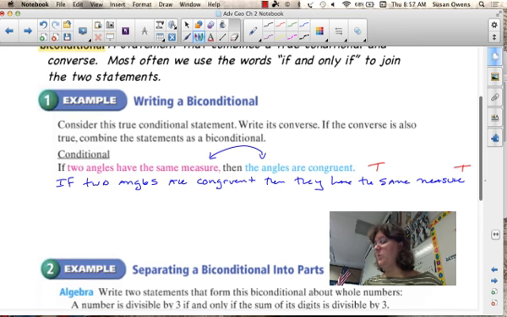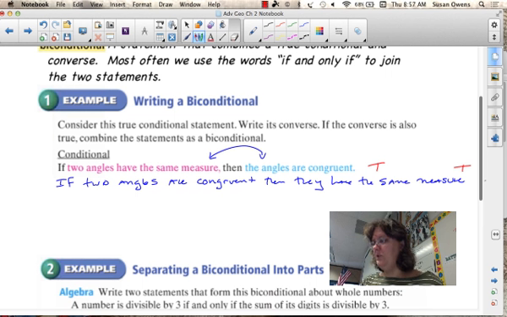Okay, so both the conditional is true and the converse is true, so now we can write it as a biconditional statement. At this point you can switch the hypothesis and conclusion. It doesn't matter if you start with the hypothesis or you start with the conclusion. And all you do is you put "if and only if" between them.